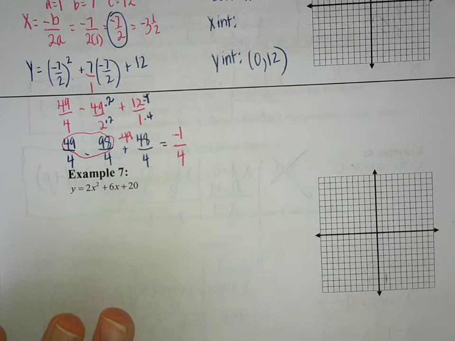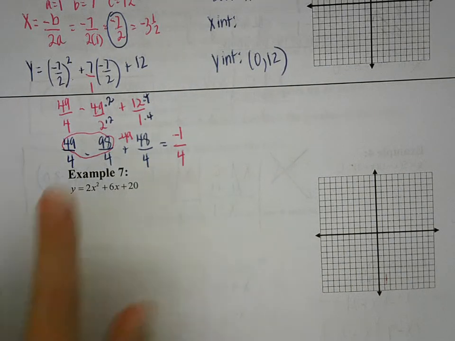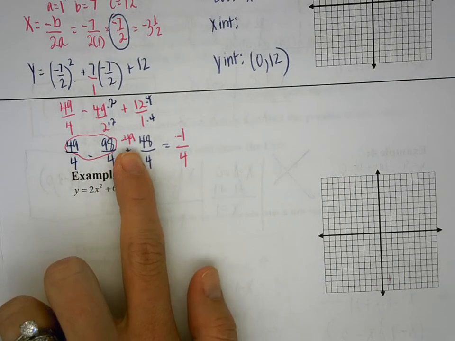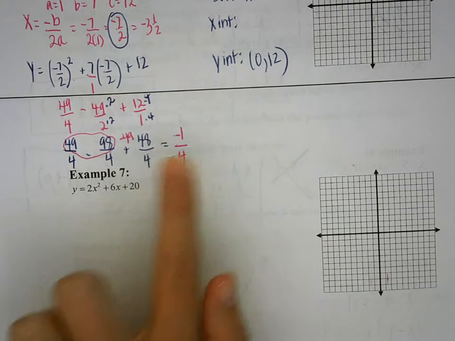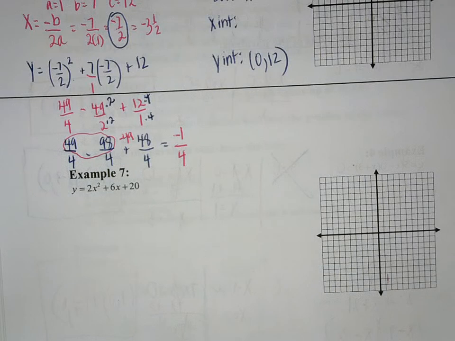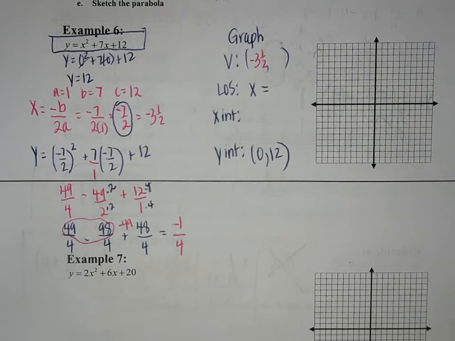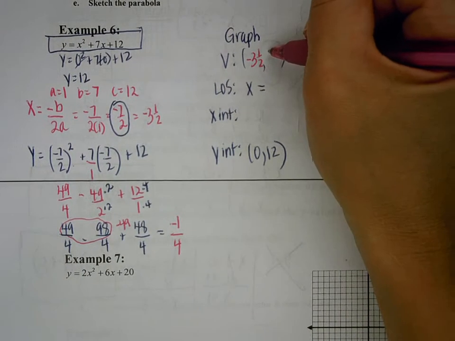Are we okay? So I added these together. Keep your denominator the same. So going back up here, my vertex is negative 3.5, comma, negative 1/4.